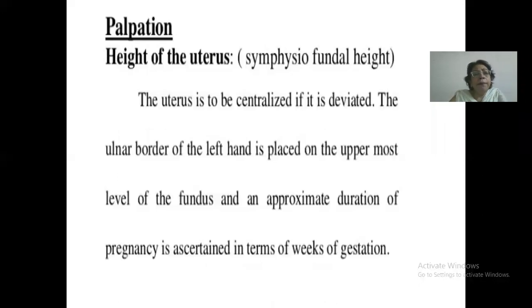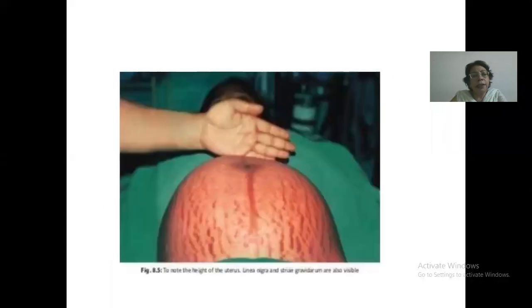Now coming on to the palpation, you note down the height of the uterus, that is the symphysiofundal height. The uterus is to be centralized if it is deviated to one side. The ulnar border of the left hand is placed on the uppermost level of the fundus and an approximate duration of pregnancy is ascertained in terms of weeks of gestation.